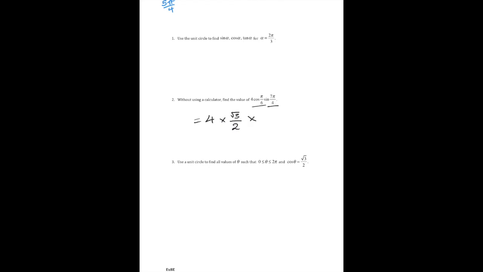And then I need to find sine of 7 pi on 4. Where is 7 pi on 4? Let's draw a unit circle to figure it out. It is, because it's just short of 8 pi on 4, which is 2 pi. So it's in here, and the little angle is pi on 4. So again, so what does that mean?